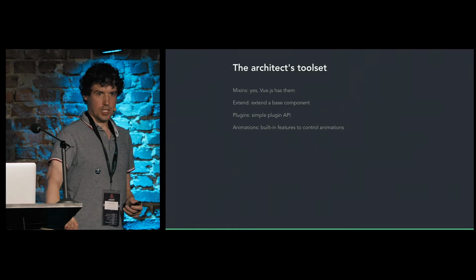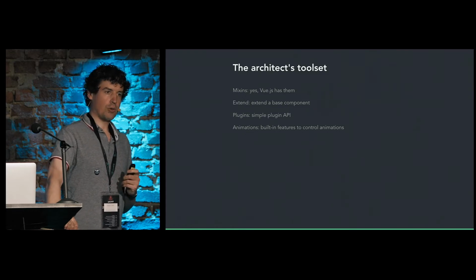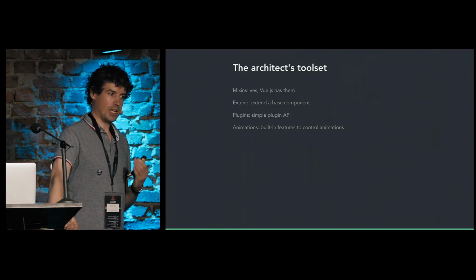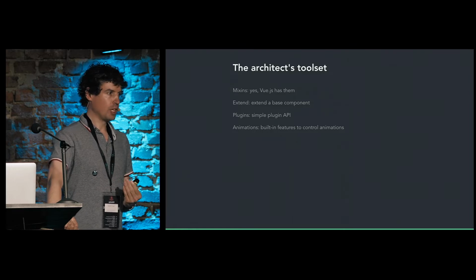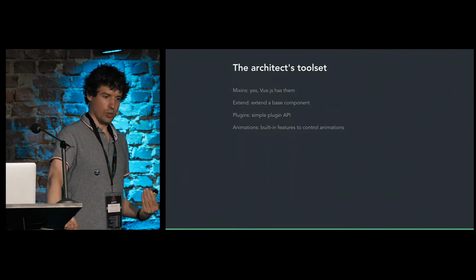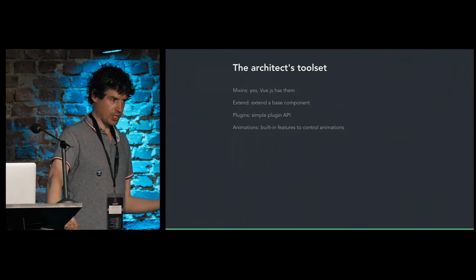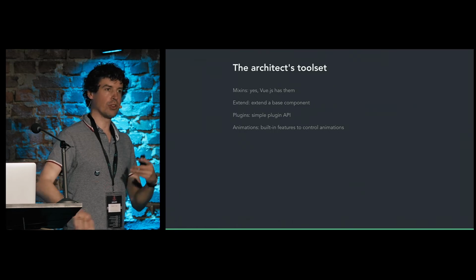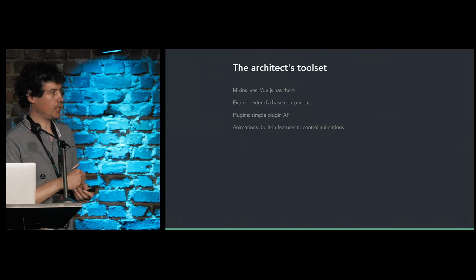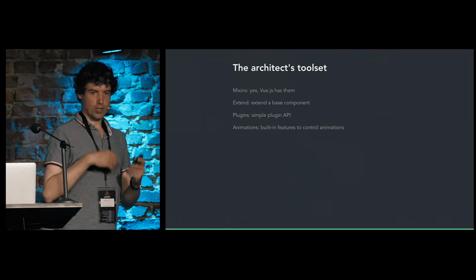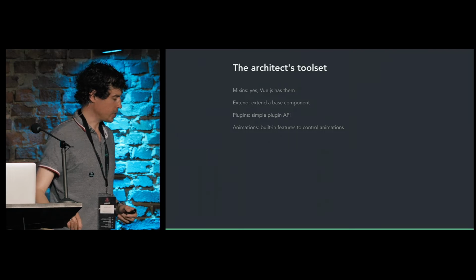Vue also has this animation API, which I already mentioned. It does not contain the animations itself, but it gives you an API to attach the animations to it, so you get informed during the render when something appears on the screen, entering state, leaving state, something like this.